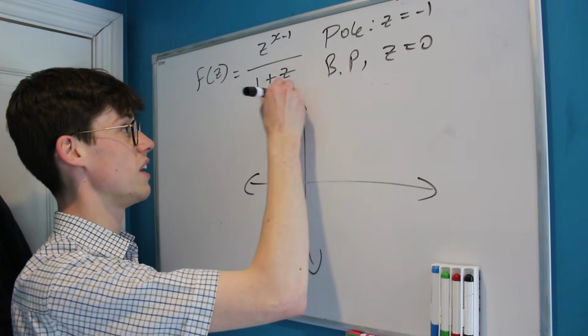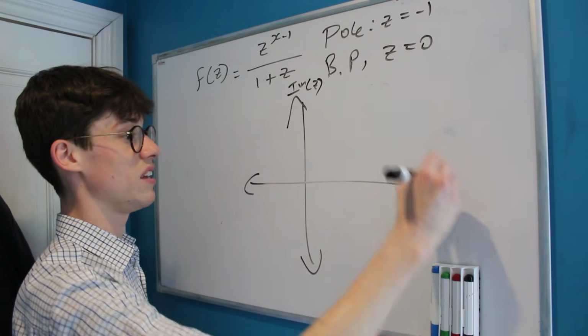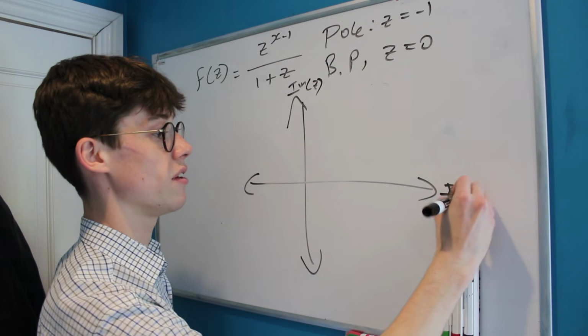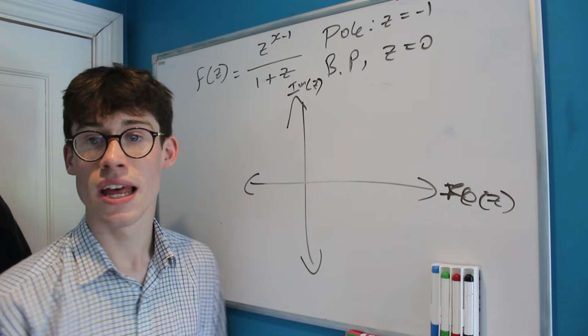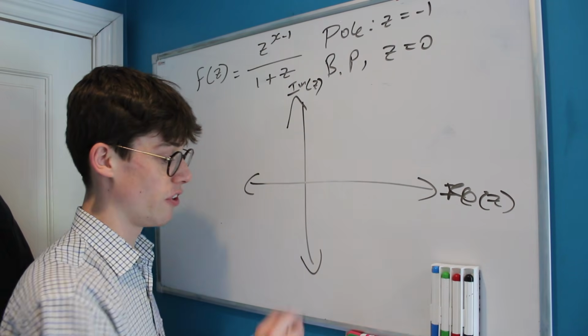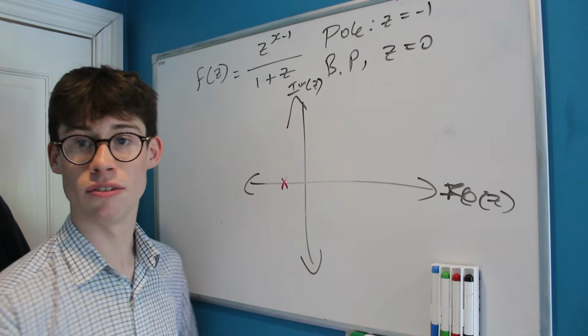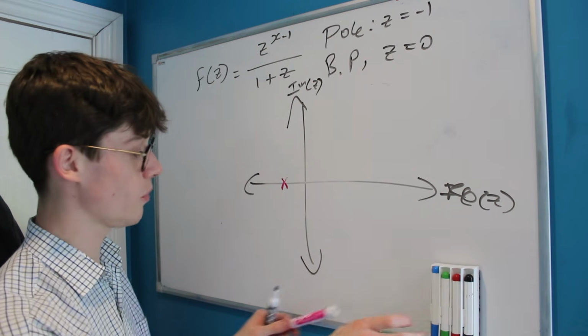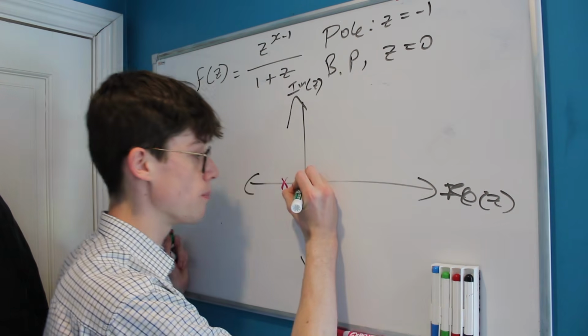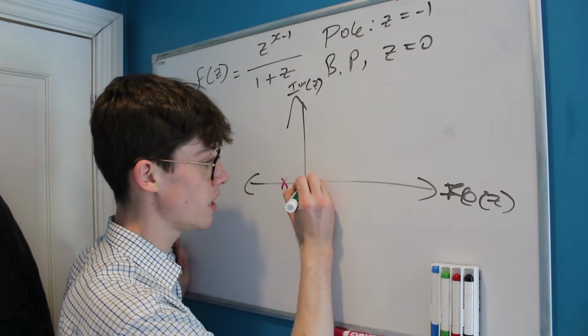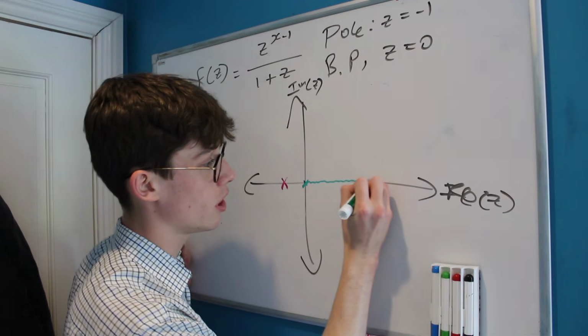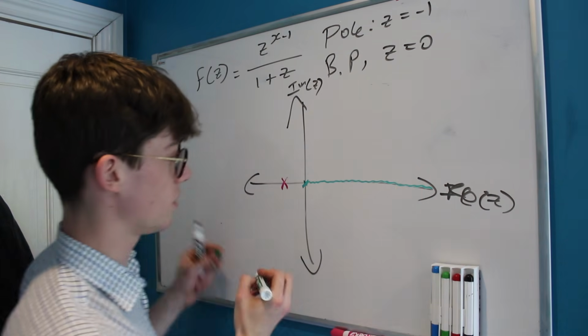And of course, this is the imaginary axis, this is the real axis. And first thing that we're going to note is that we have a pole at -1. Second thing we have to note, we've got a branch point at the origin, and we're implementing a branch cut along the positive real axis.